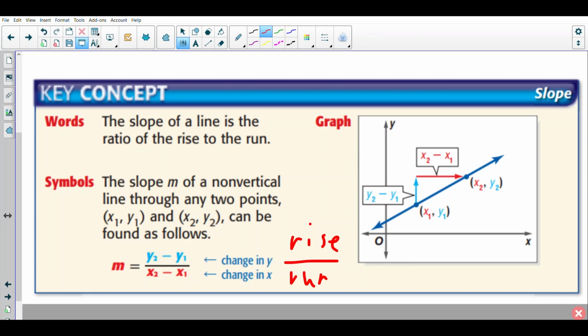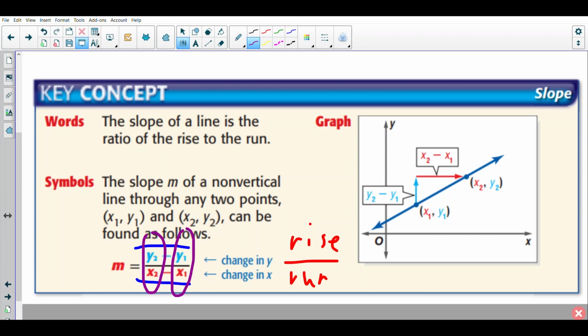Notice the two labels. We have the x's and we have the y's. This is key. Y's are always on top, x's are always on the bottom. And notice, once again, y2 and x2 are lined up, and x1 and y1 are lined up.